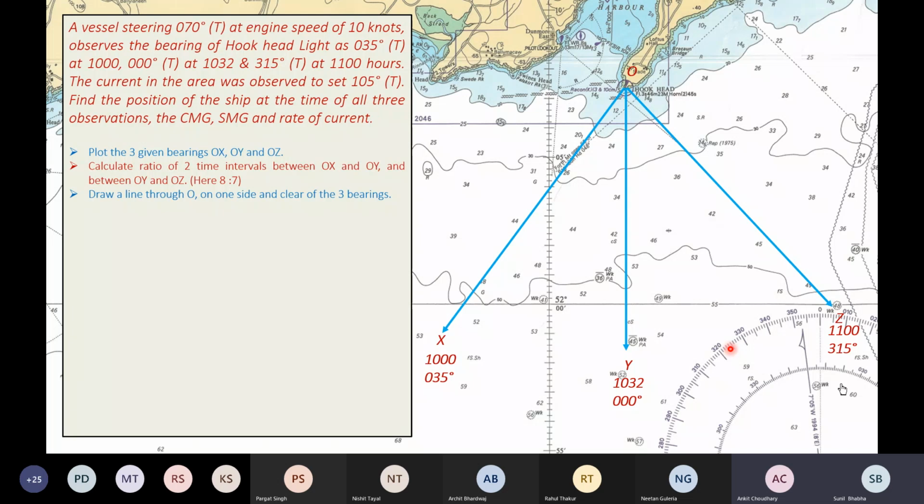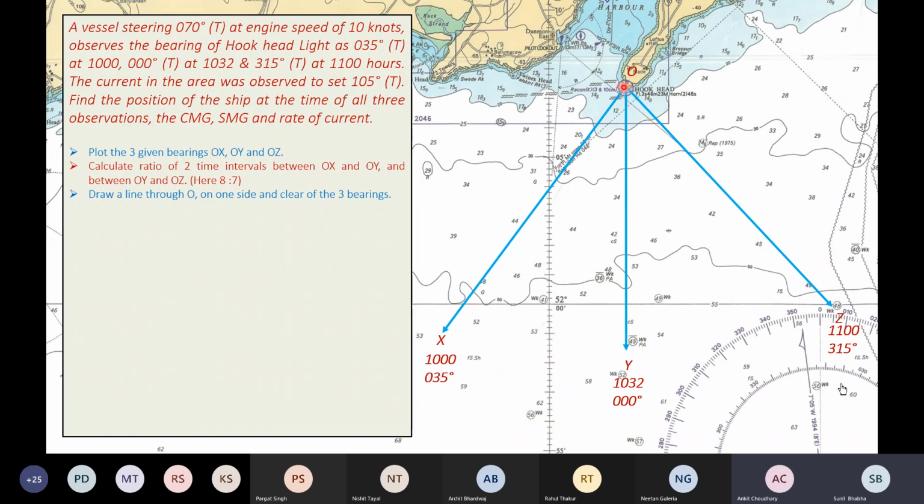Now in the next step, we have to draw a line from the object, in our case, the Hook Head lighthouse. The line should be drawn in such a way that it is clear of all the three bearing lines, OX, OY, and OZ. It should be clear of the three bearing lines, and also the three bearing lines should lie on one side of the line which we draw.